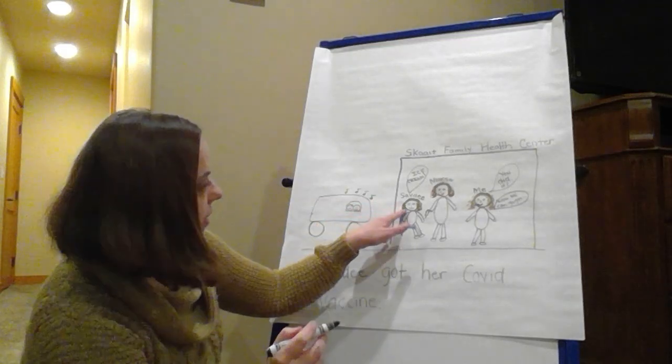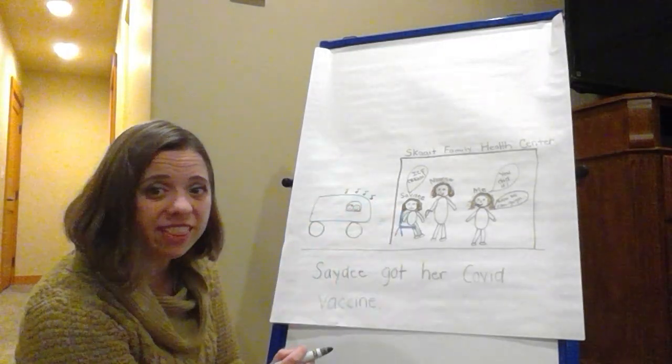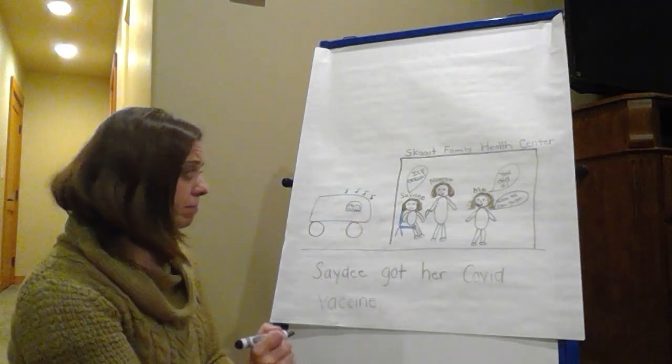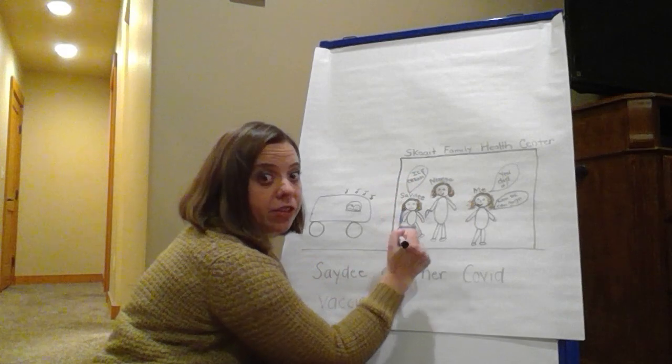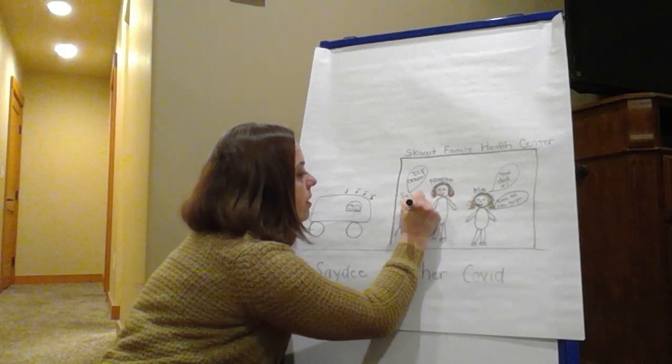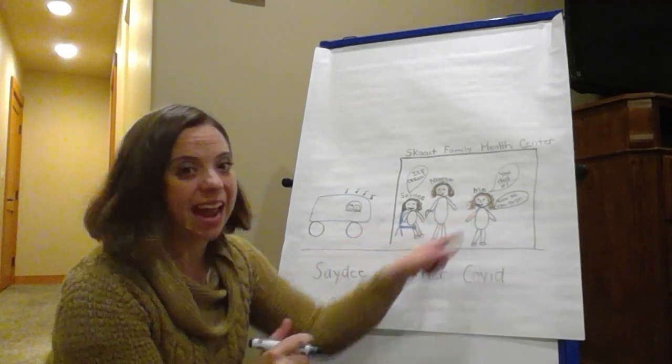And then even though Saydee was feeling nervous when we first got there for that to happen, afterwards, we both remembered we got to go have ice cream, and then we were both feeling pretty happy.